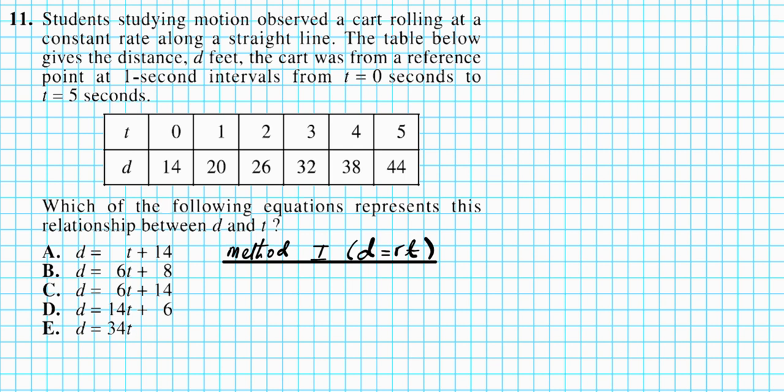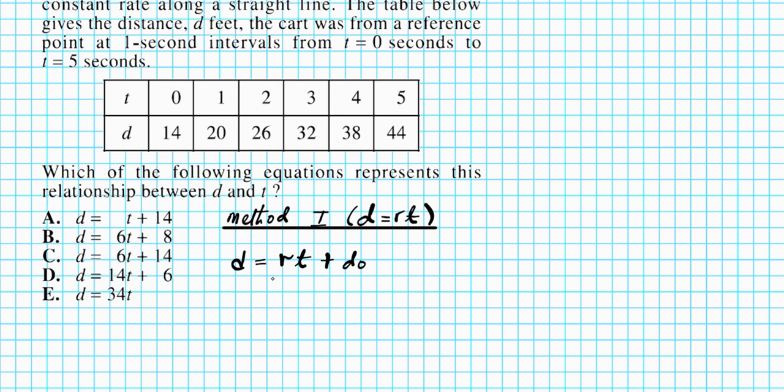If you want to use this equation, you have to recall that the distance covered is equal to rate times time plus the initial distance. Now, all we need to generate the equation for this situation is to find out what the rate is and what the initial distance is.